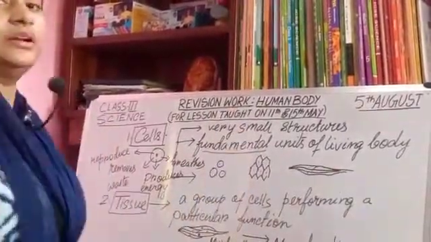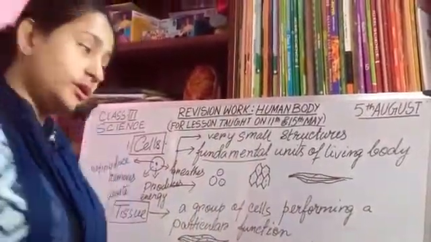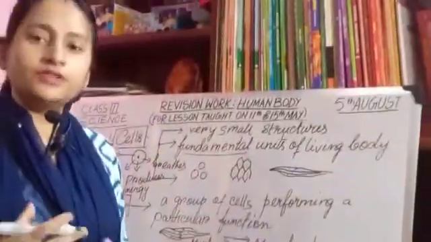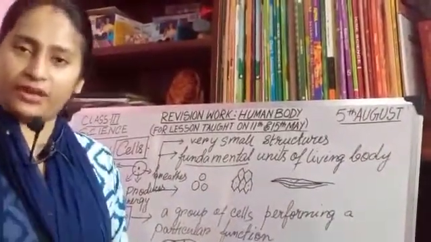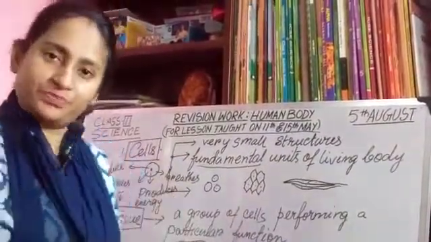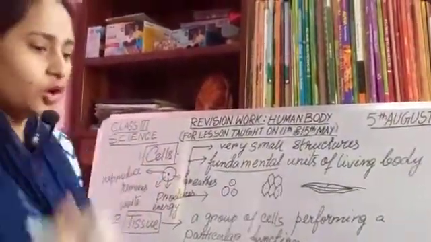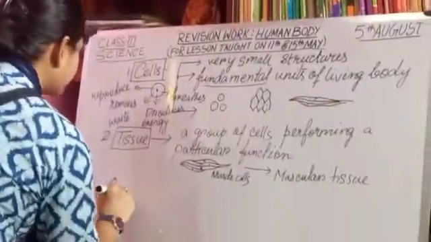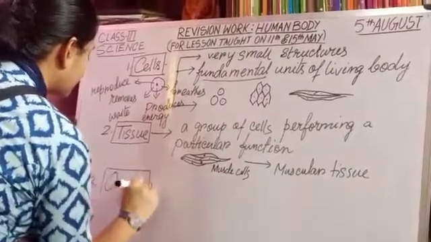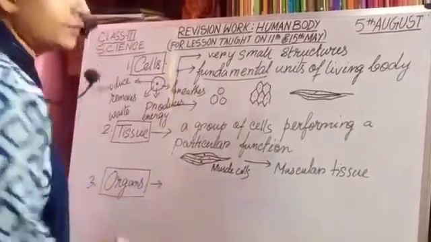Now, different types of tissues are there in our body. So, different types of tissues again come together to perform a particular function, right? And they give rise to the organs. So, how can we define the organs?